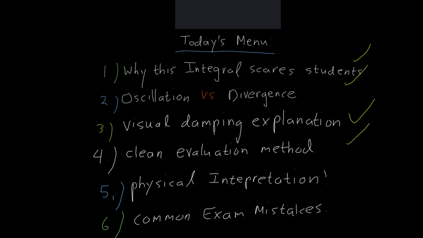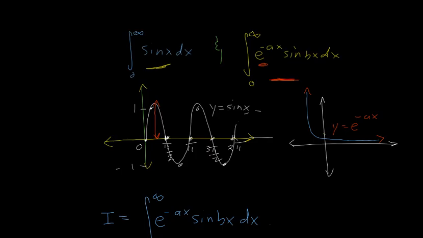In the language of physics, the exponential term has a major physical significance. It represents energy loss. You don't need to know that, but if you're ever interested in the physical implications, e to the negative ax represents energy loss. And it makes sense, because here's the verification: e to the negative ax is an exponential decay.